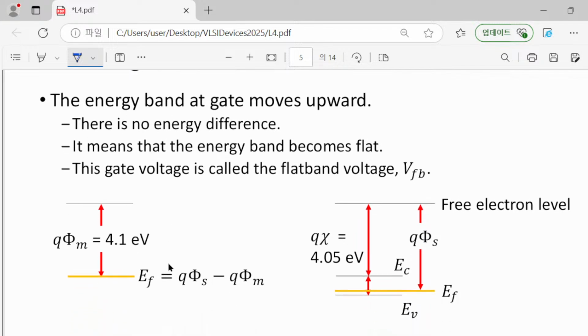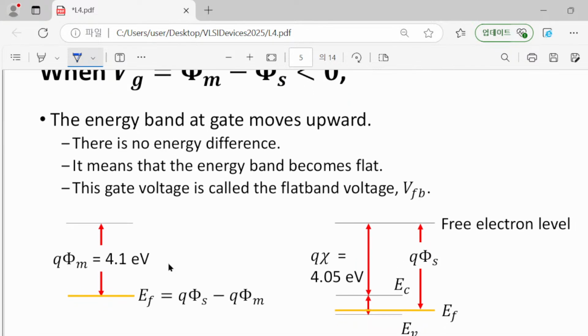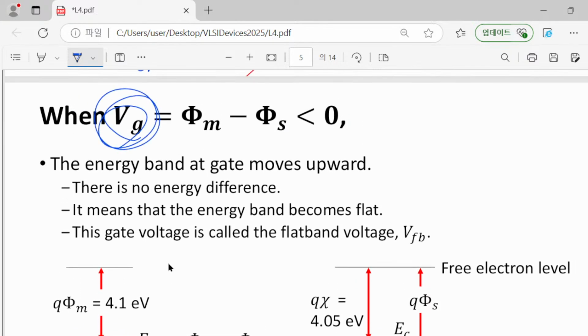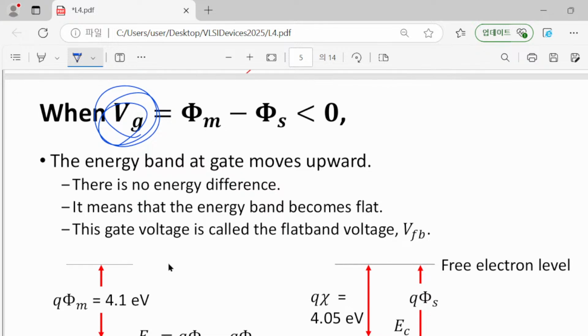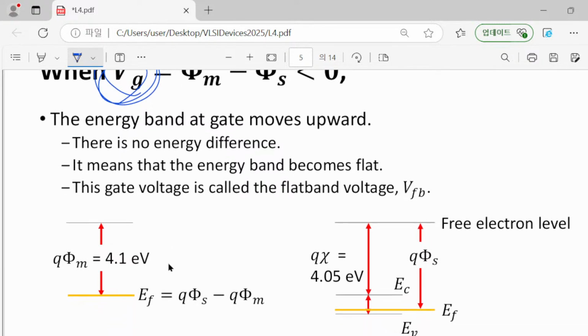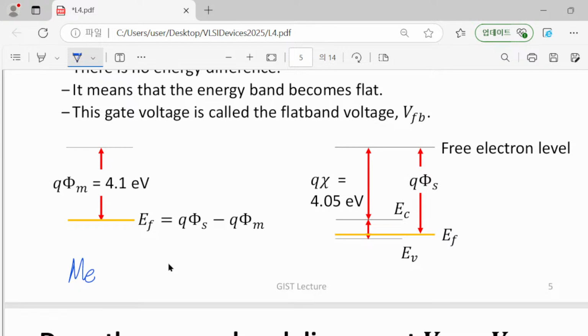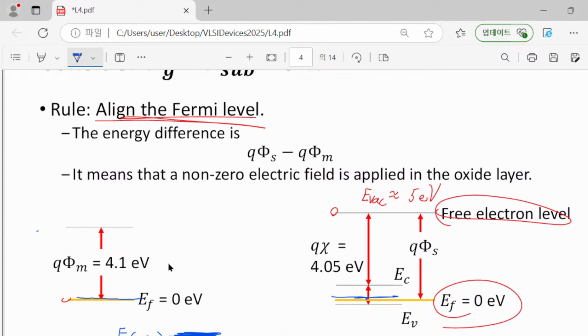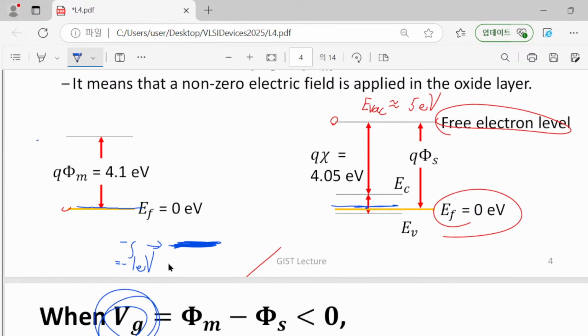So it means that if we apply different gate voltage, then we can only change the Fermi level of our metal part selectively. So let me just repeat once again. Now here we have just the 0 volt case, and when we apply gate voltage equal to 1 volt, what will happen?